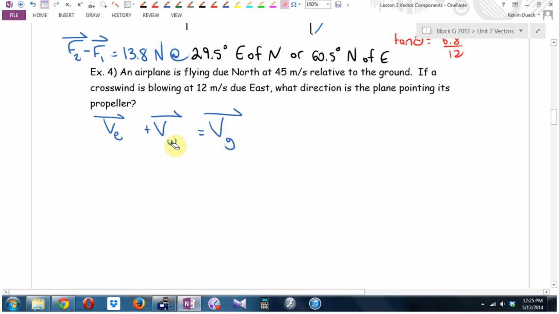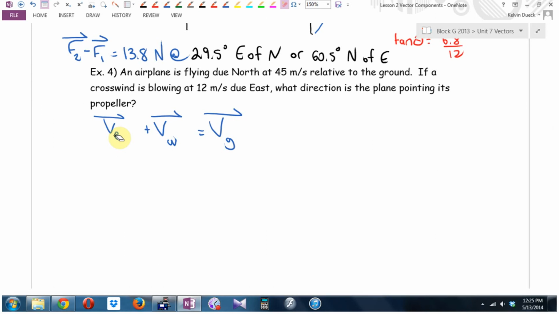Keep reading. What direction is the plane pointing its propeller? They want me to find the engine velocity, which is the direction of the propeller. How would I get this by itself? Subtract a vector.